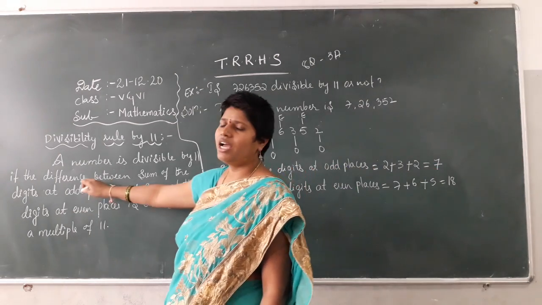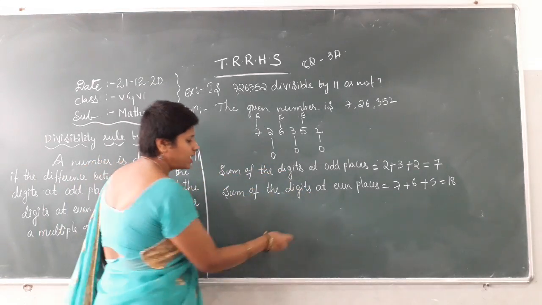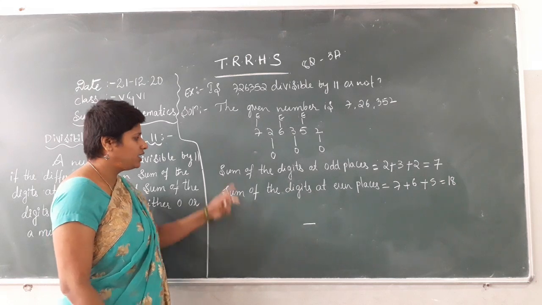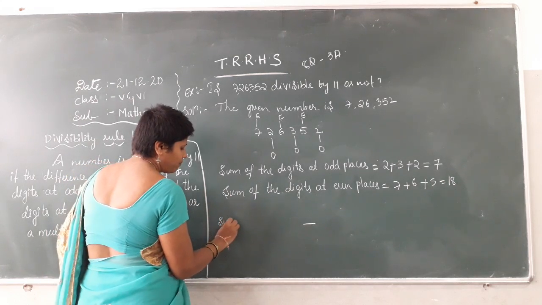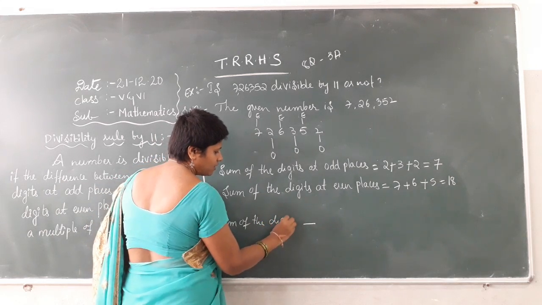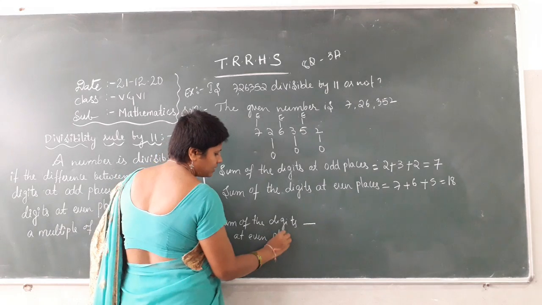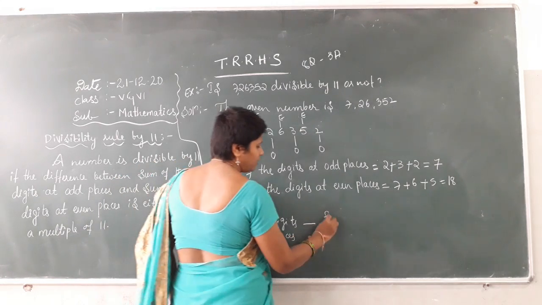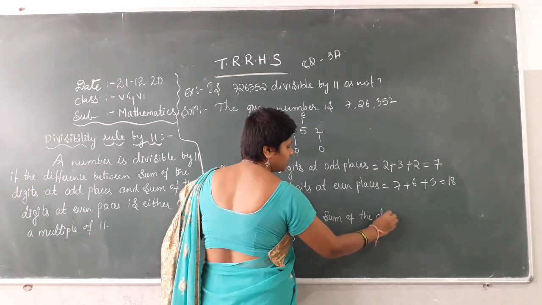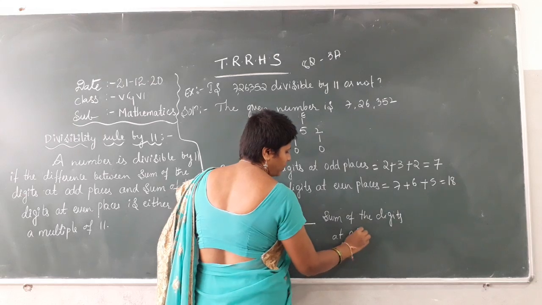Now what you have to find is the difference between these two. Difference is nothing but subtraction. Between what do you have to subtract? The sum of the digits at even places and the sum of the digits at odd places.